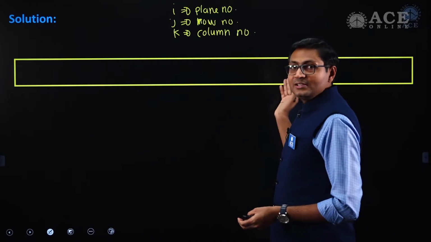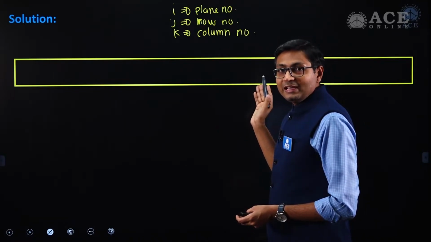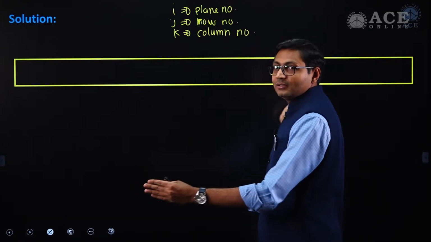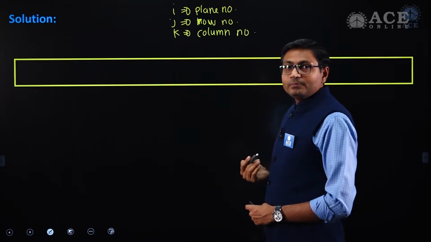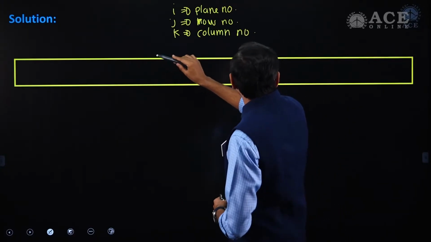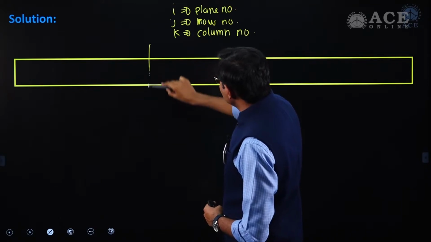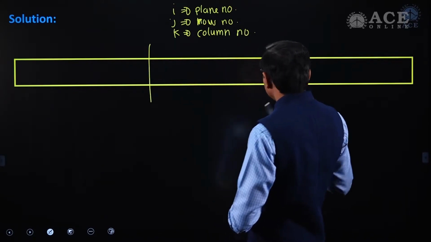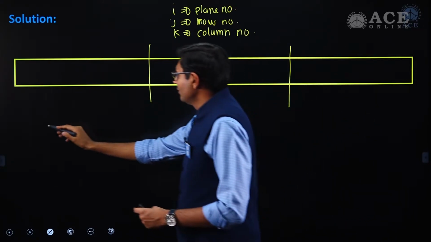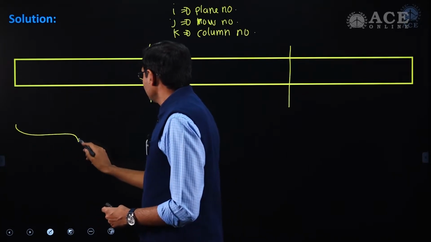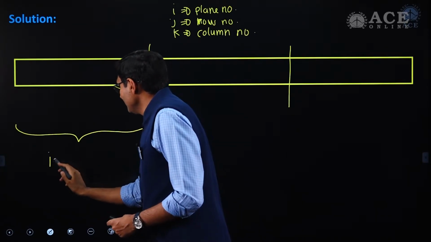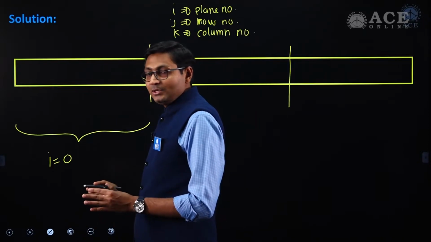So let me divide this entire memory for 27 elements in a contiguous manner, 0 to whatever, into 3 parts. This is i value 0, that is plane number 0.